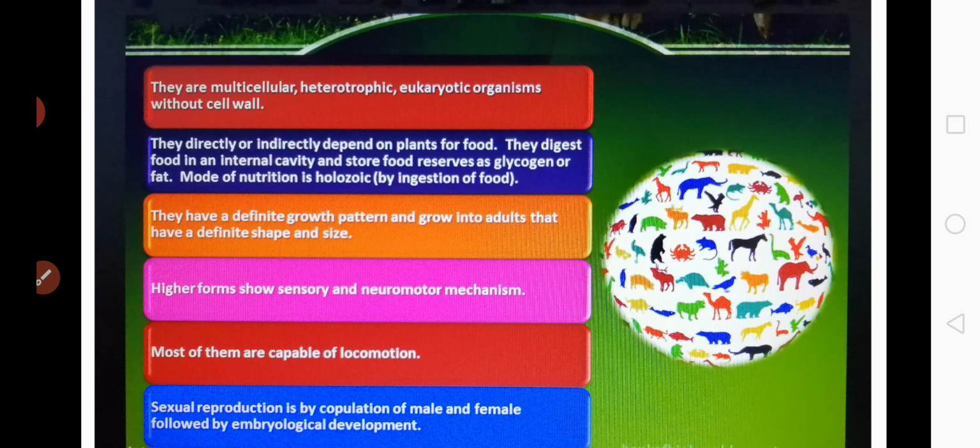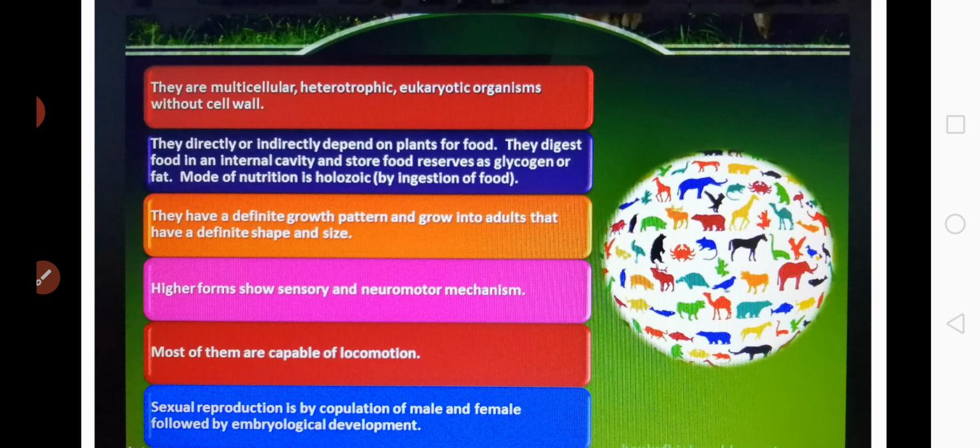Moving on to the next character. They directly or indirectly depend on plants for their food, hence are heterotrophic in nutrition. They digest food in an internal cavity and store extra food in the form of glycogen or fat.